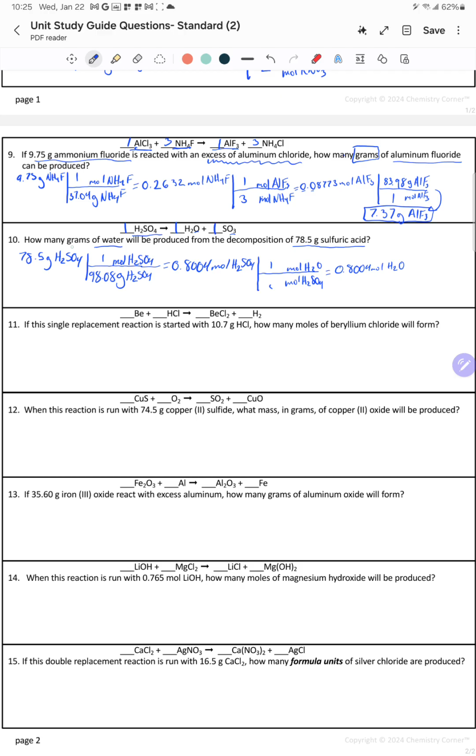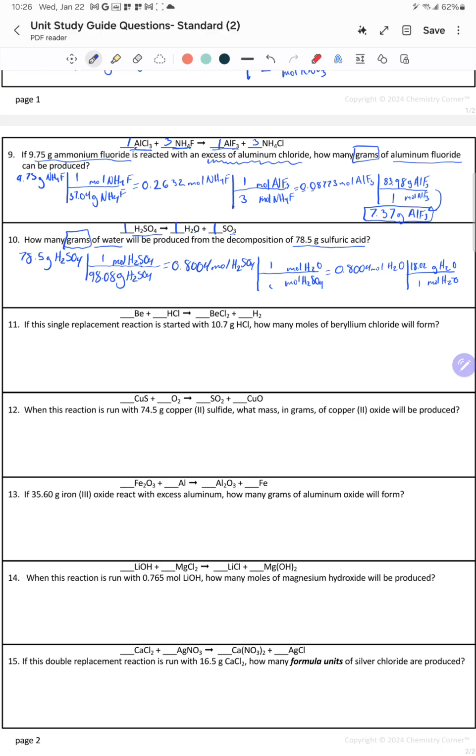Okay, and it asked me to find grams of water though, so now I've got to do grams. So once again, you're looking for grams of H2O, and you're getting it from moles of H2O. We know this is going to be molar mass, so our molar mass for water is 18.02 grams for every 1 mole of water.